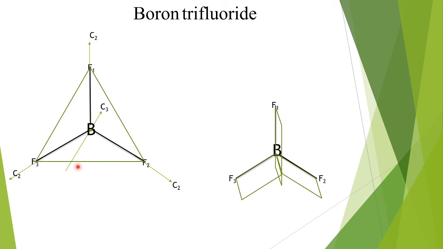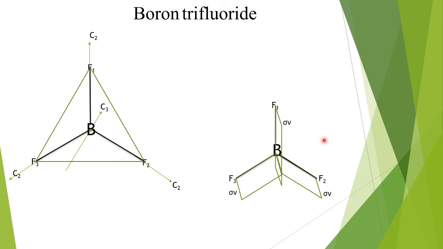Therefore, we usually denote the plane of symmetry by the symbol sigma, and since these planes are passing through the principal axis, these planes are called sigma V, that is, vertical planes of symmetry. Okay, so now boron trifluoride has the identity element E, then the C3 axis, 3 C2 axes, and here we have 3 sigma V planes.